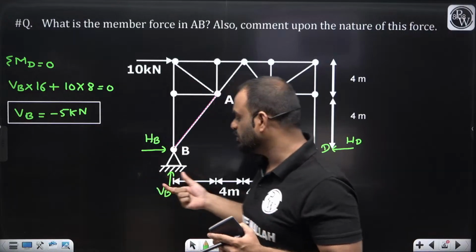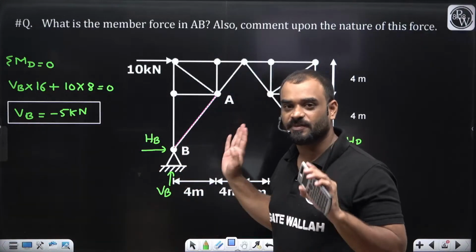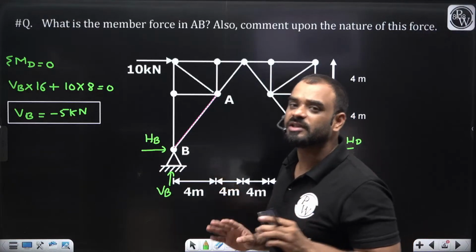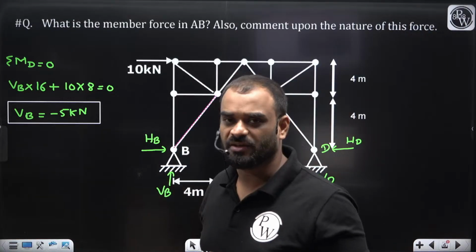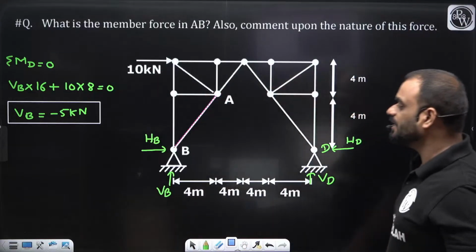That means you need to change the direction of VB basically. That means VB is acting in the downward direction. That is the meaning of negative. It does not mean anything about compression or tension behavior. Clear? Okay, sir.